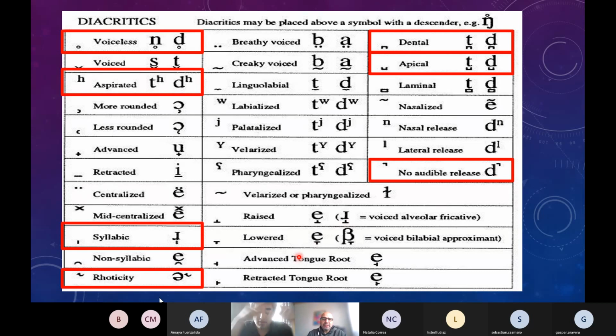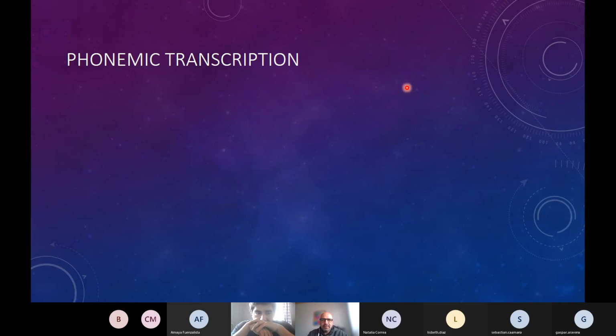Sometimes they are not produced, therefore they are not heard by the listener. So we call them unreleased. Okay, so those are basically the concepts that we're going to be referring to.